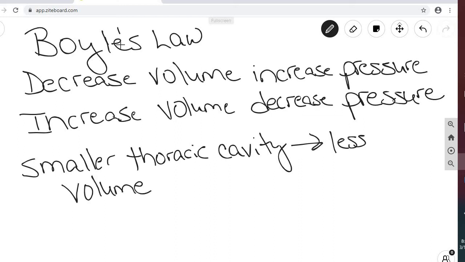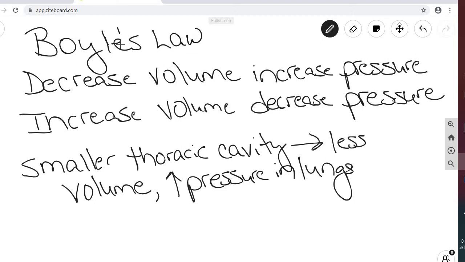With less volume in the lungs, that's going to increase the pressure in the lungs. If you increase the pressure in the lungs, then the pressure in the lungs is greater than the pressure in the atmosphere, and so the air will move out of the lungs. So you will exhale.